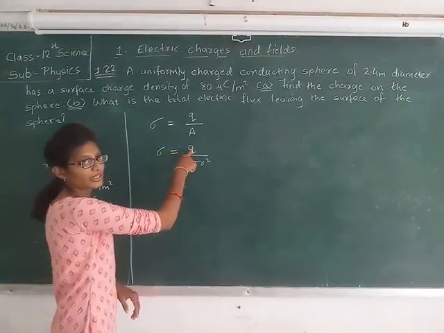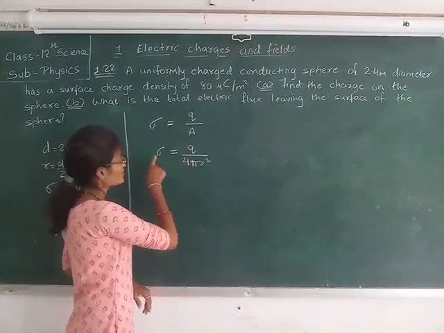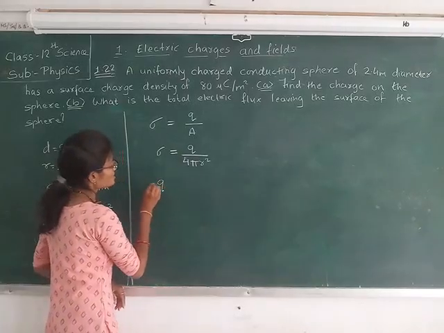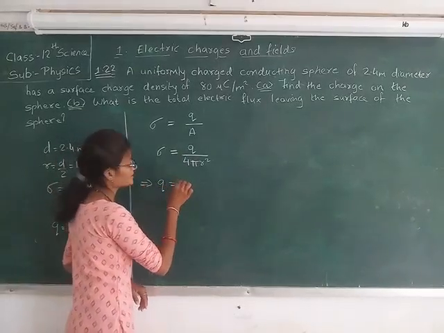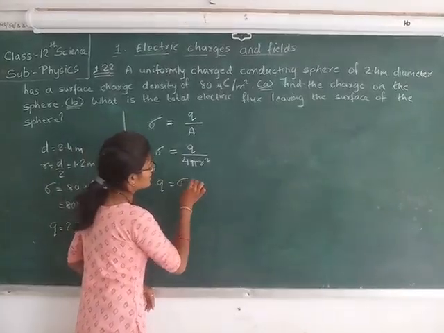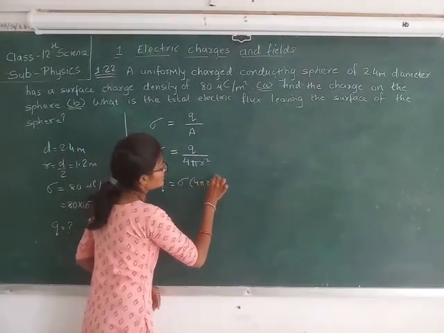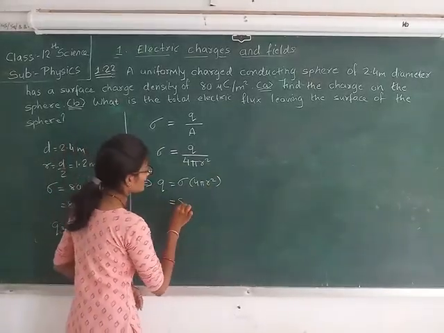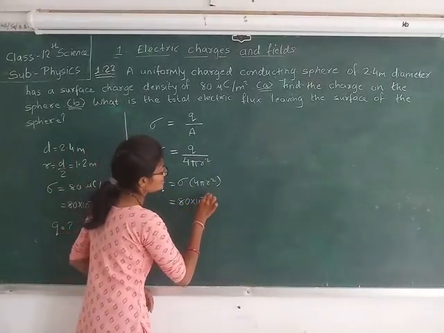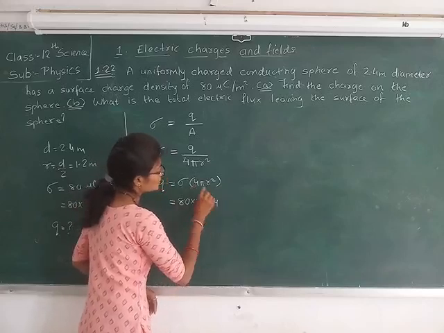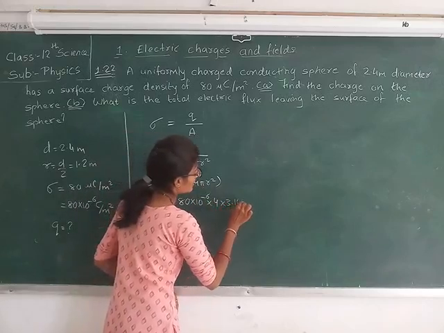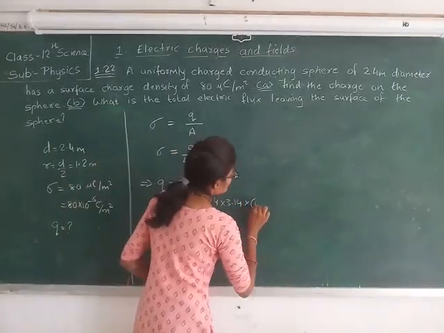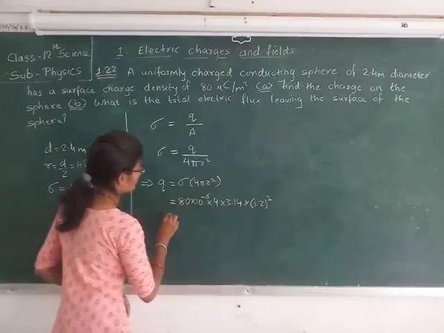Now here we need to find Q. We have all the data: sigma and the radius of the sphere. So taking Q as the subject, Q equals sigma times 4 pi r square, that is 80 into 10 raised to minus 6 into 4, where the value of pi is 3.14, into the radius 1.2 meter, squared.